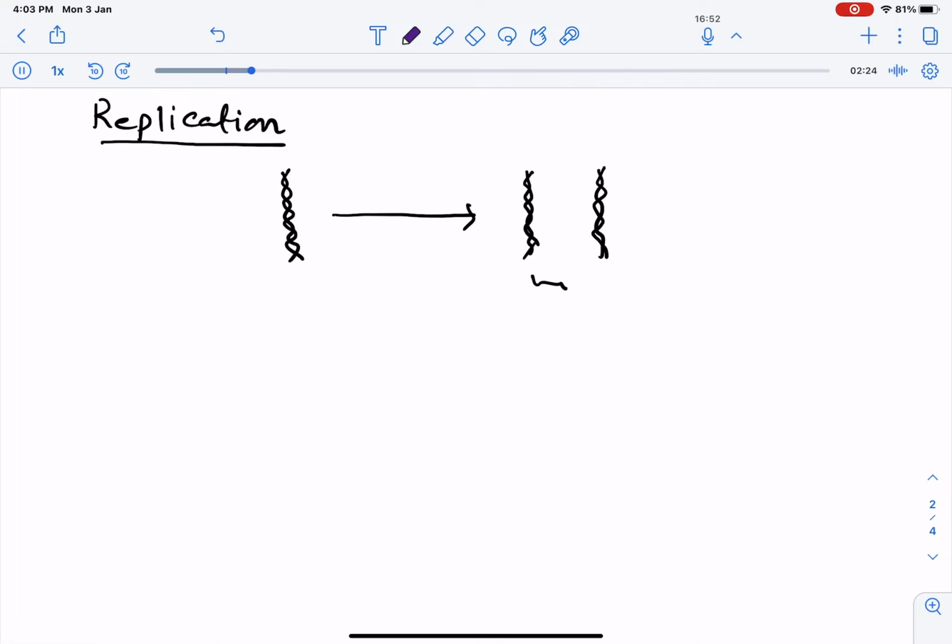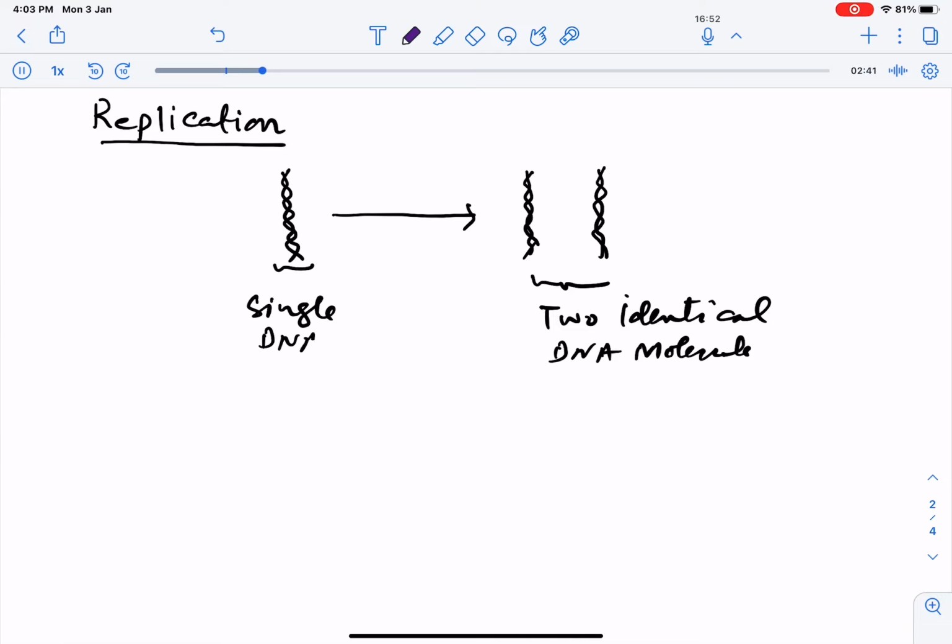Both these DNA molecules are two identical DNA molecules, and they are synthesized, or made, from a single DNA molecule. So this process is known as replication, or maybe duplication, of DNA.